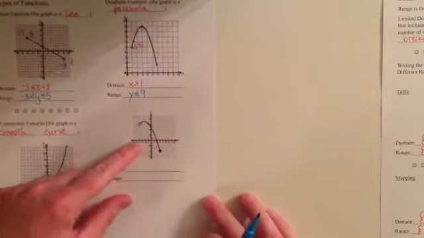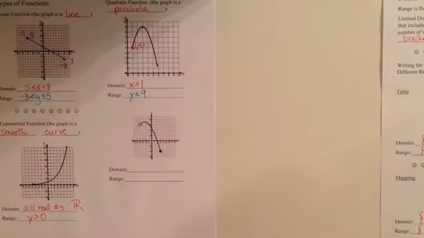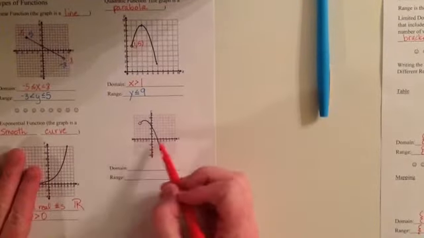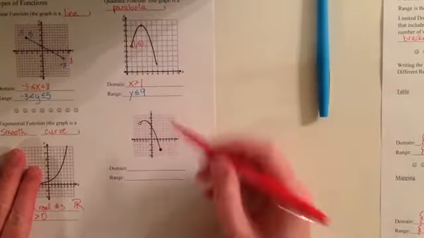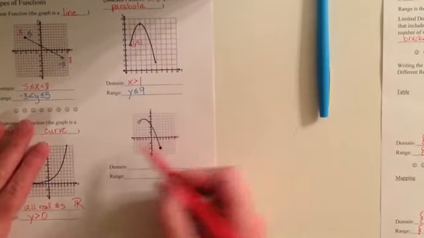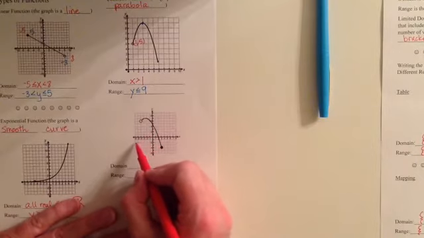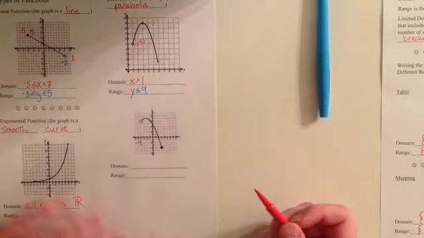And I've got this other portion of a parabola. In this portion of a parabola, again, we've got to look at the x values for the domain and the y values for the range. So what's the farthest x value? The farthest x value is -4. I know that number is hard to see, but I'm going to put it right there.